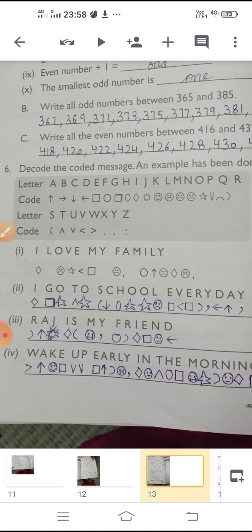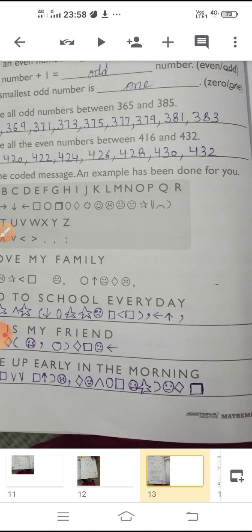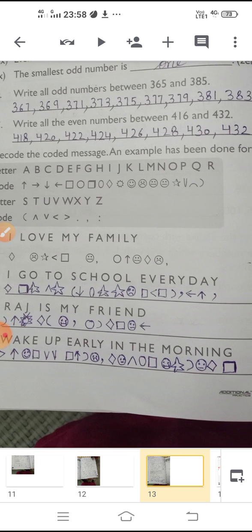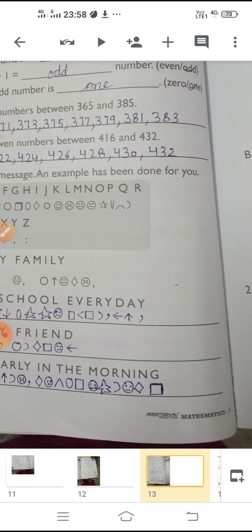Write all the even numbers between 416 and 432. What are the even numbers? That is 418, 420, 422, 424, 426, 428, 430, and 432.